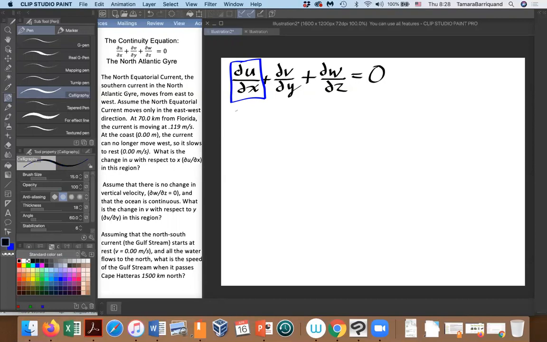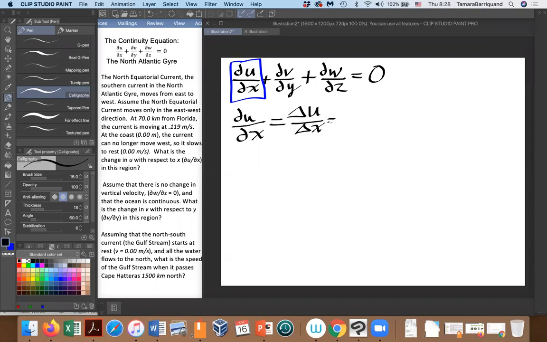We're asked about du/dx. That is telling us the change in u in x, so I can rewrite this as the change in u over the change in x.